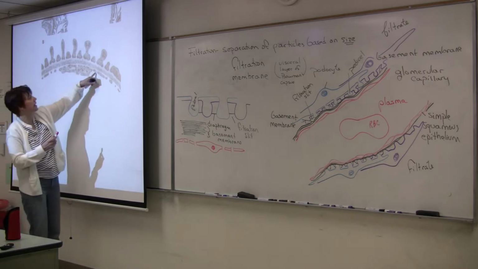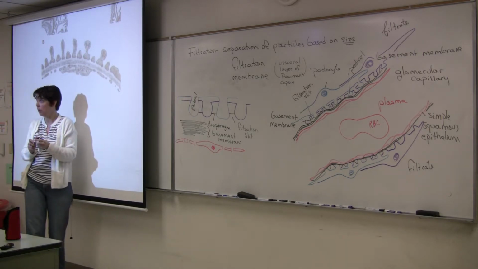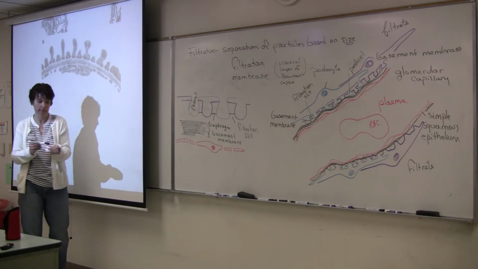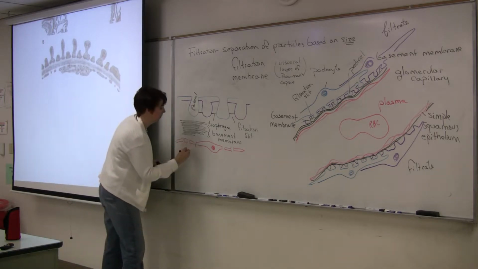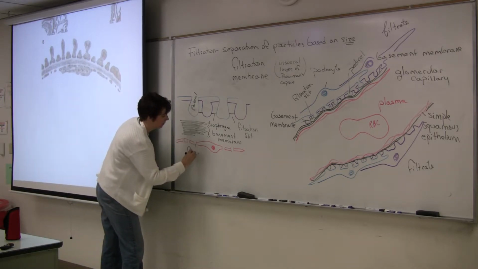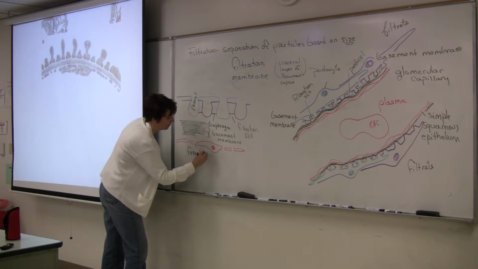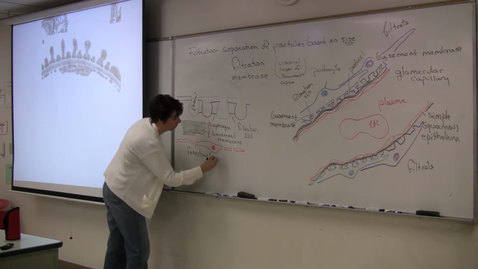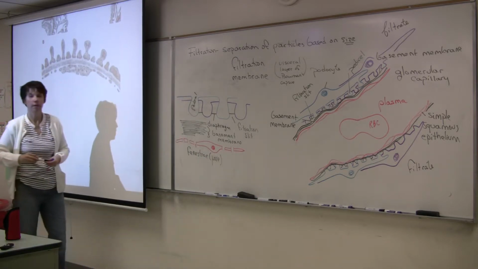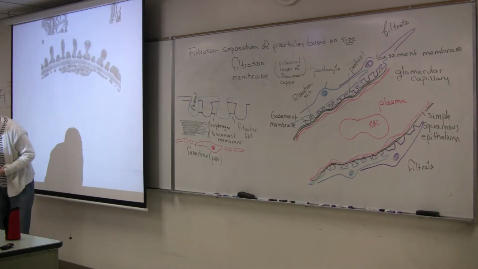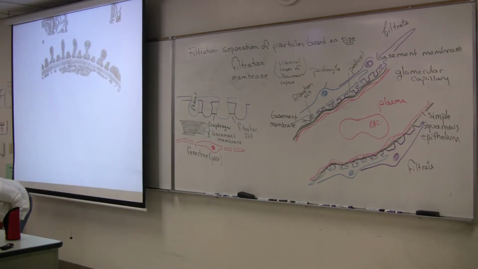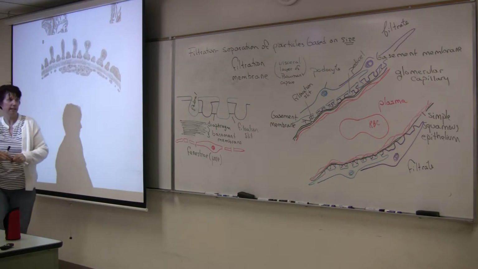So these openings here are the fenestra, or the pores. So that's what something has to pass through if it's going to leave the blood and enter as filtrate.